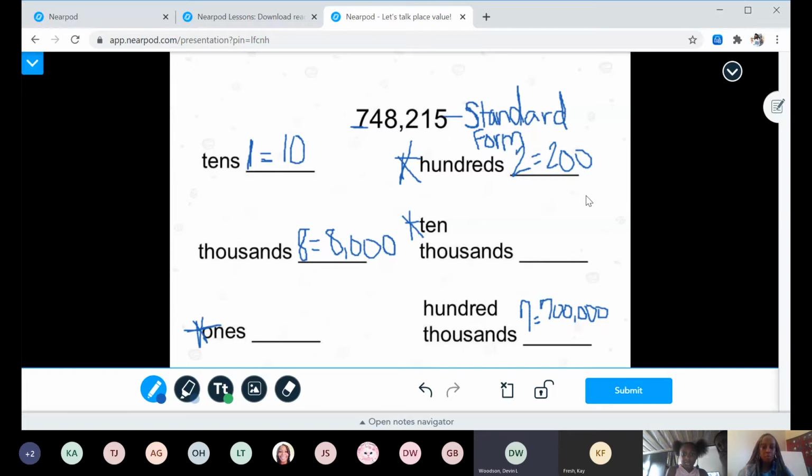Let me see. So we can start. That's 5. 5 in our 10,000s. Let's start over. So we have the ones place, the tens, hundreds, thousands, 10,000s, and then the 100,000s. What digit is in our 10,000s place? One more time.